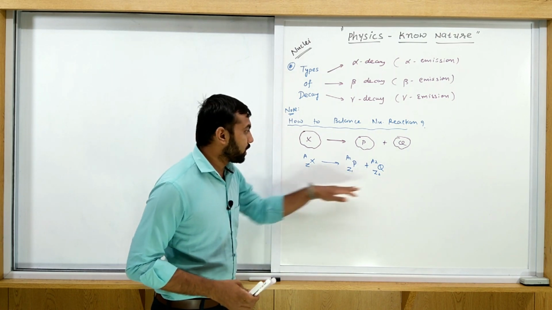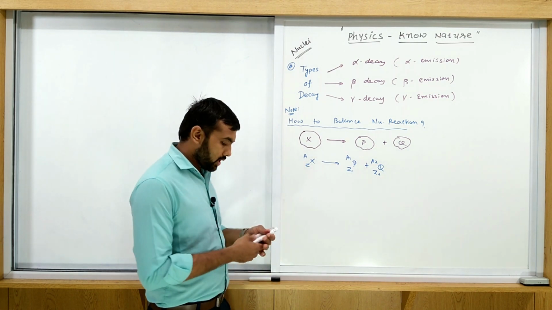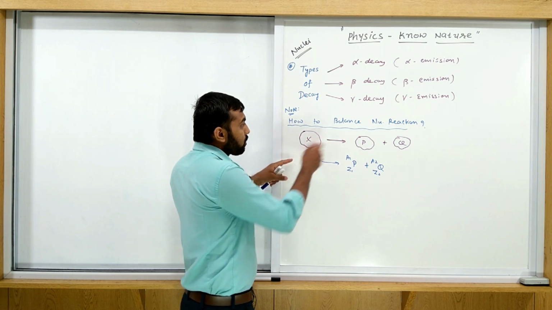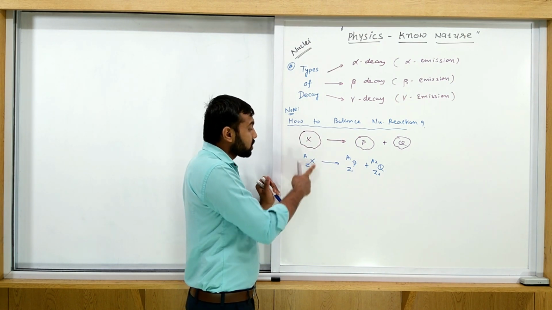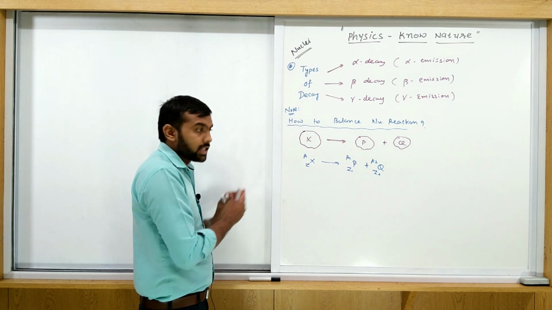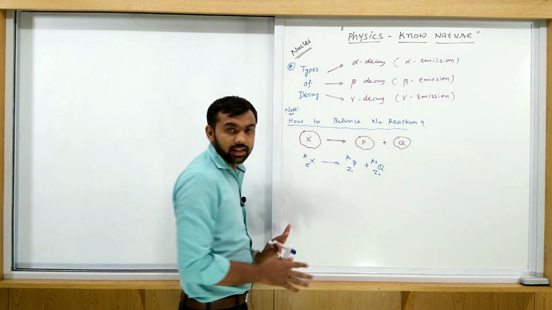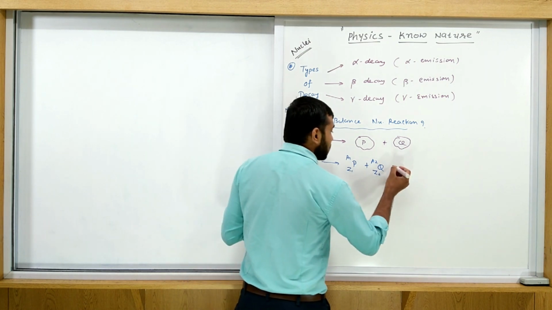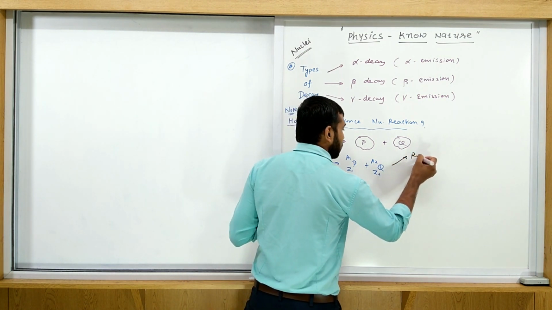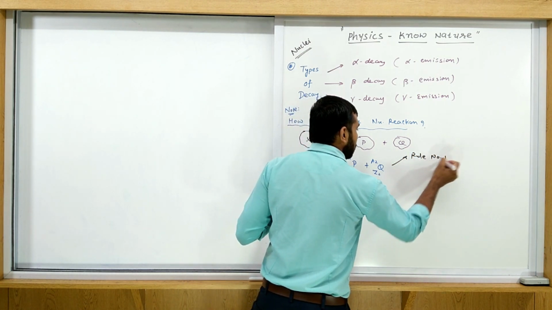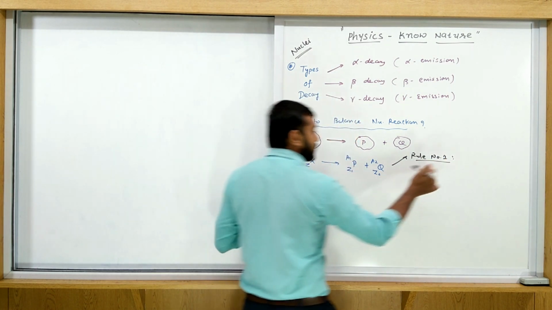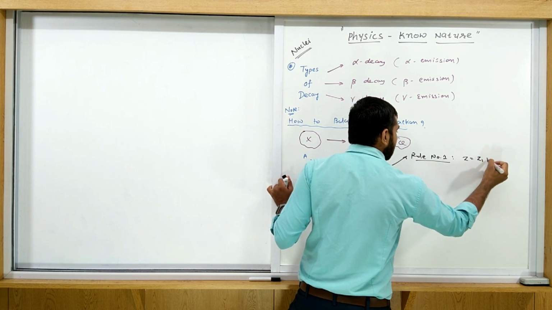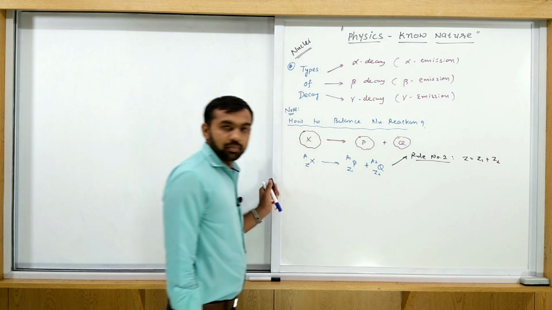If you write any nuclear reaction like this, how do you balance it? The total summation of Z on the left hand side is equal to the total summation of Z on the right hand side. This must be the same. So rule number one: Z is equal to Z1 plus Z2.